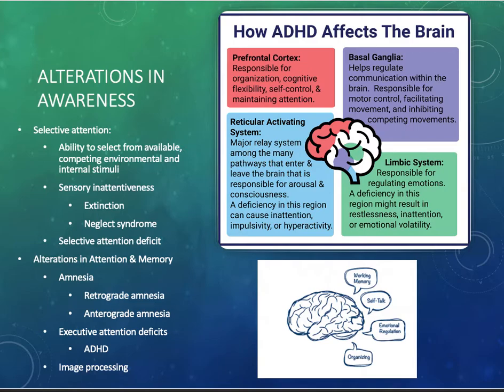We also have executive attention deficits. And the biggest example of those is ADHD or ADD. Because they're both very similar disorders. And we know that ADD and ADHD affect what we call our executive functions.